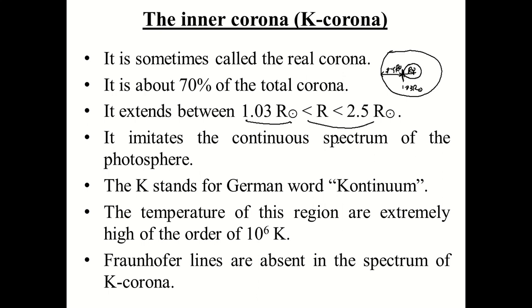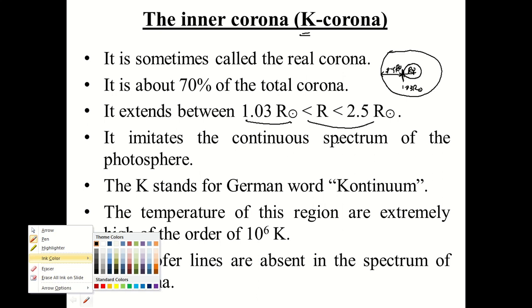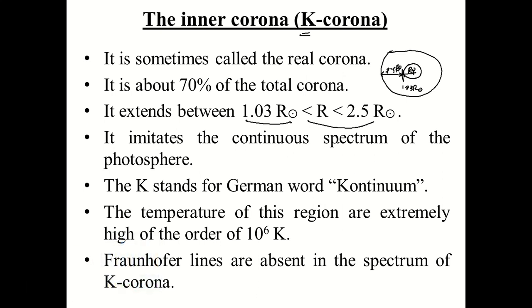Here this K stands for the German word continuum, that is, its meaning is continuous. Since this inner corona or K corona spectrum is a continuous spectrum, and continuous in German is continuum, that K is used to represent that corona.